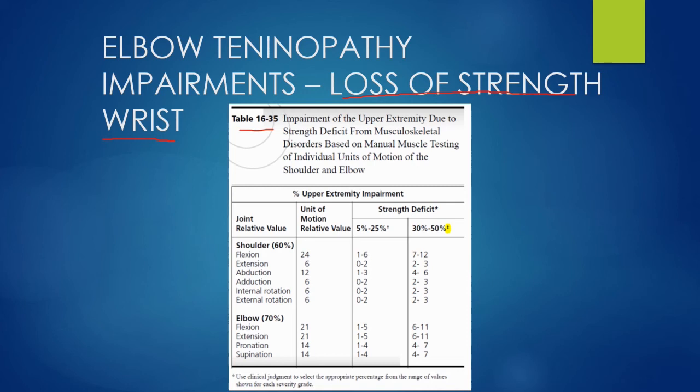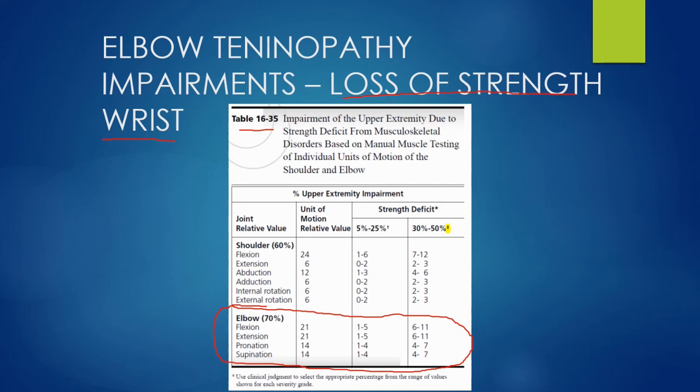So at the wrist, the manual muscle test that we would employ would involve resisted wrist flexion, resisted wrist extension, resisted wrist radial deviation, and resisted wrist ulnar deviation. And you can analogize the unlisted condition, which is loss of strength of the wrist. See, loss of strength of the wrist is not a listed condition in this table. Only the shoulder and the elbow are listed.